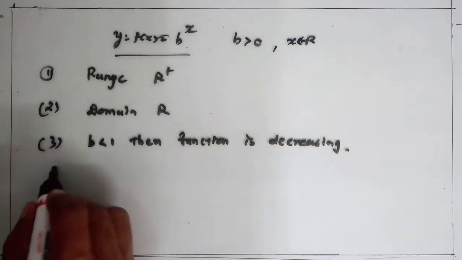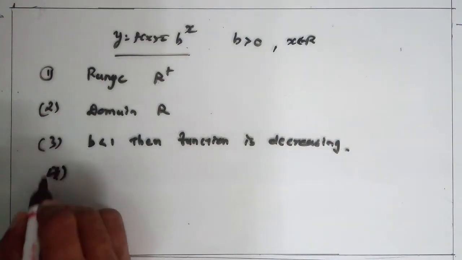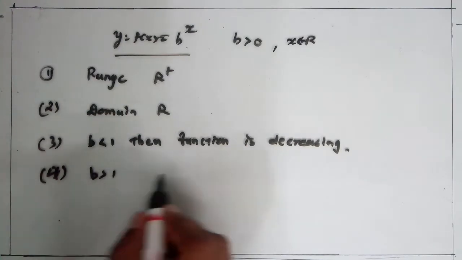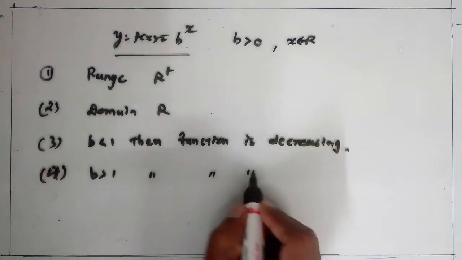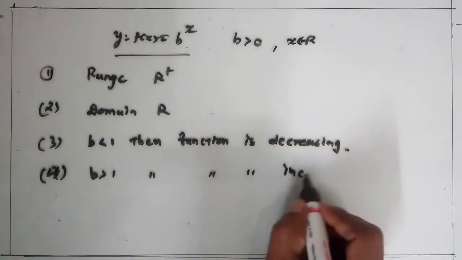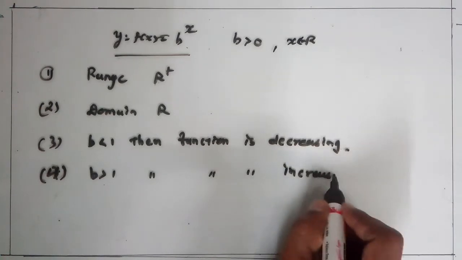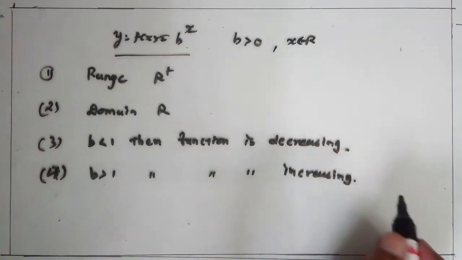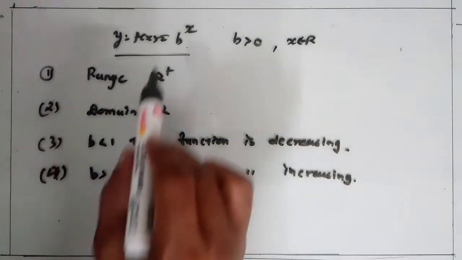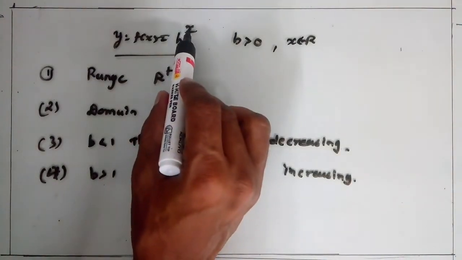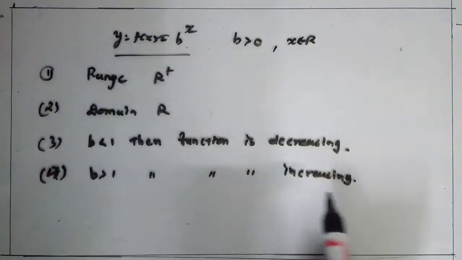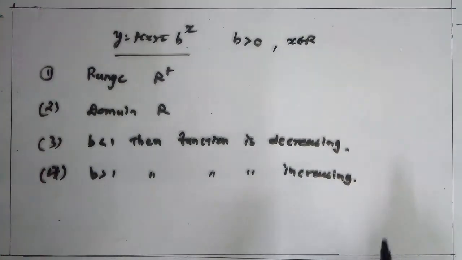Clear? Number 4: if b is greater than 1, then the function is an increasing function. That is, as x increases, the value of y also increases, so this function is increasing.